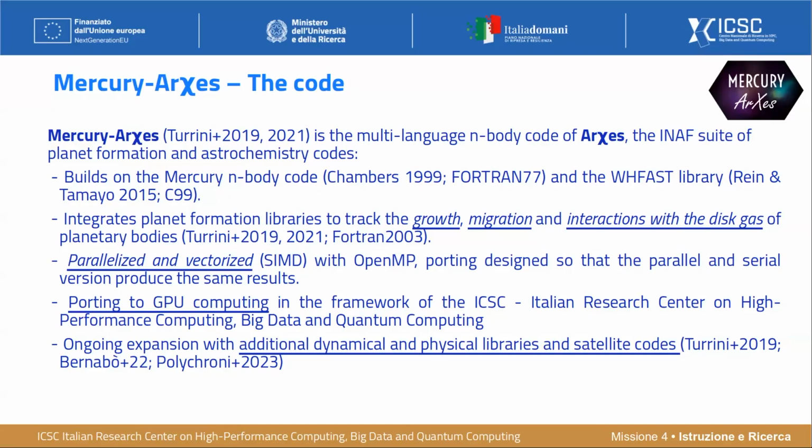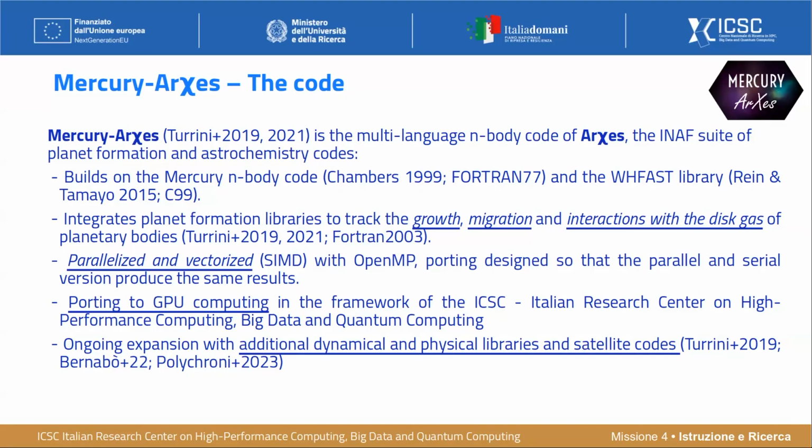So the code is a mix, as you can see, of old Fortran 77 for the body of Mercury, C99 for the library, and Fortran 2003 for our Arxes library. The code is parallel and vectorized, so we try to squeeze every drop of juice out of our servers, and we are working in the framework of the newly born Italian supercomputing center to port the code to GPU computing.